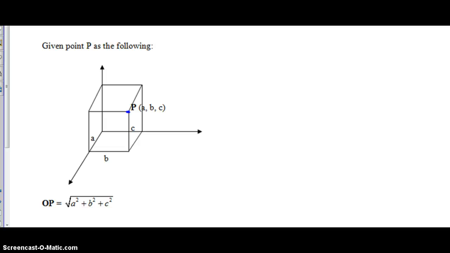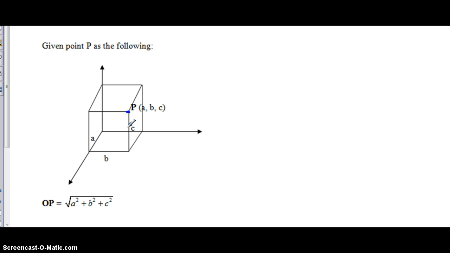similar to how we were finding the magnitude of our two-dimensional vectors. Because if we look at all of our points here, you can see no matter what point we pick, it is also going to be at a right angle.